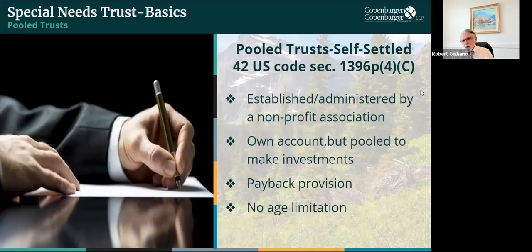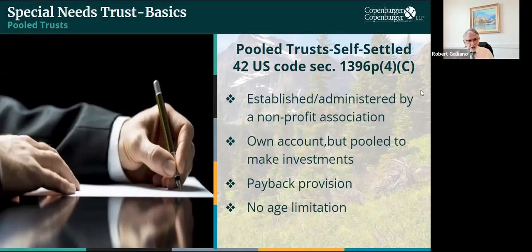So when would you want to use a pooled trust versus a first-party trust? Remember, the first-party trust has an age limitation. If the beneficiary is over age 65 and there's a need for a self-settled trust, the pooled trust has no age limitation. That's one of the advantages.